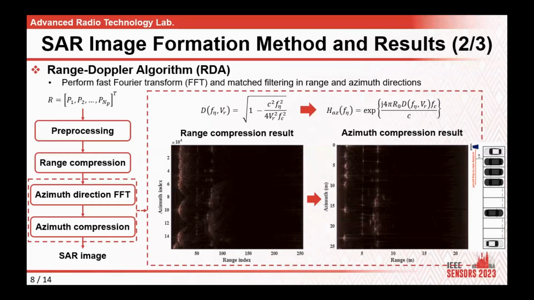In other words, a matched filter using a migration factor was used, and the result of azimuth compression performed through this is shown in the figure on the right. Therefore, as in the experimental scenario, 6 vehicles are represented in the SAR image. The SAR image excluding range cells beyond 10 meters appears in the next slide.